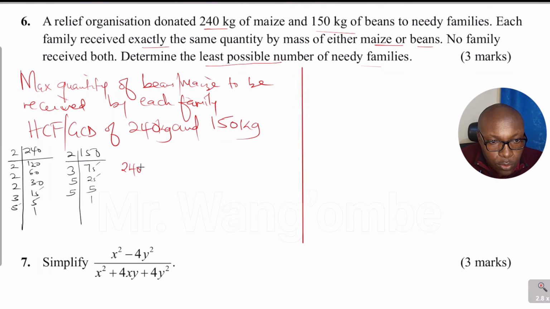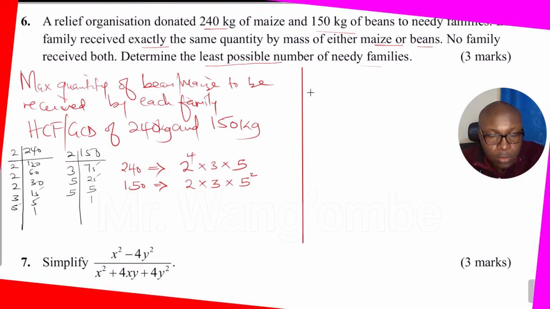For 240 in factor form, we have 2 to the power 4, multiply by 3, multiply by 5. Then 150, the factors are 2 times 3 times 5 squared, like that. So now those are the factors.